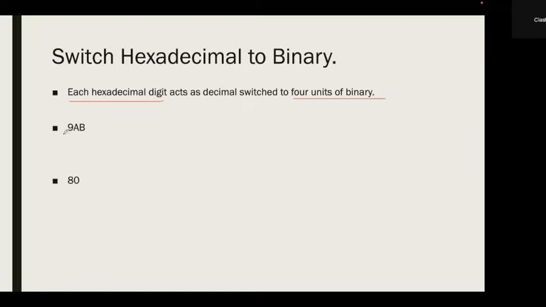Let's take a look at an example first. Say we have a number 9AB. We want to switch it to a 4-unit binary. What we do is we take each digit in the hexadecimal number, and we switch it into a binary number, right? We change 9 to a binary number, A to a binary number, and B to a binary number.